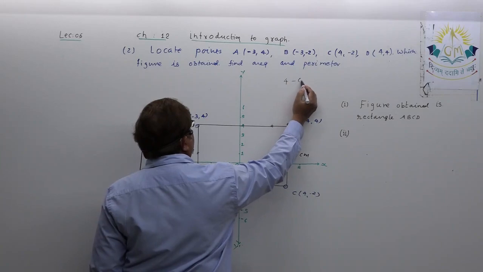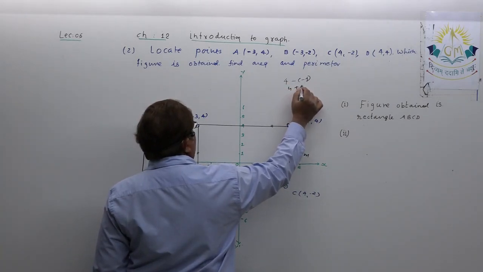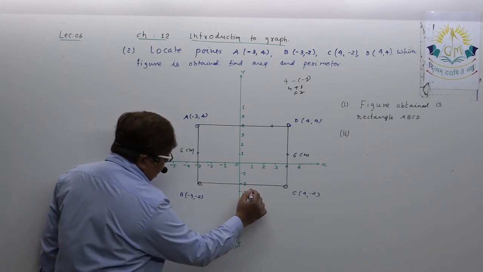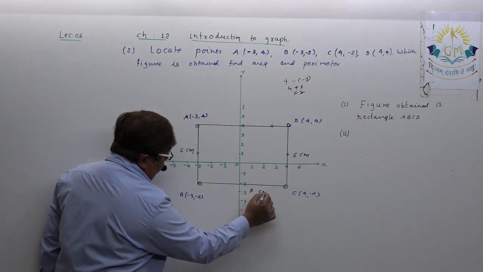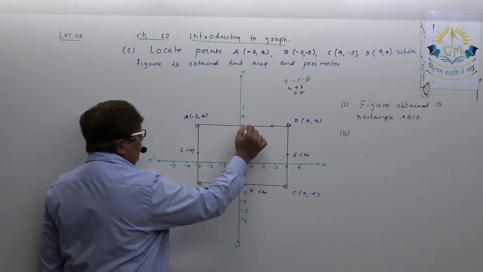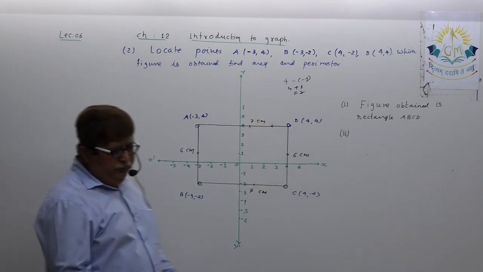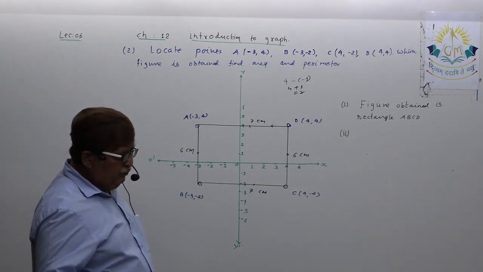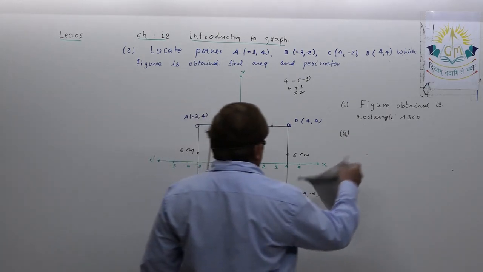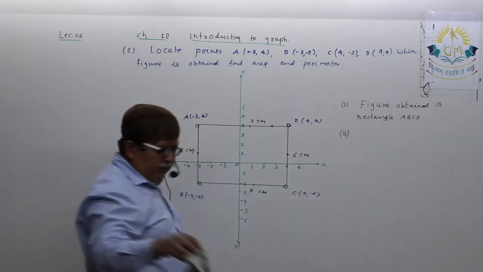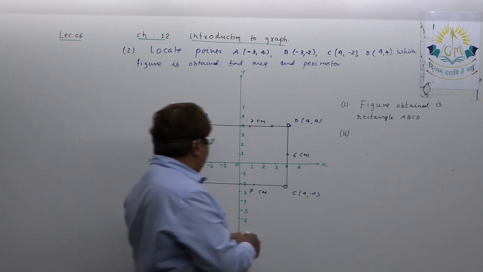Just subtract, 4 plus 3, 7 centimeter. This is 7 centimeter. This is also 7 centimeter. Okay. So we got both the sides. We got length also. We got breadth also.